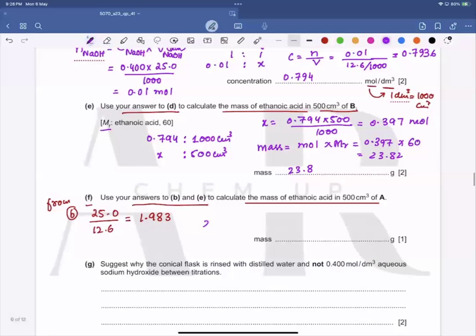So it means the mass also differs by the same ratio. The mass in B is 23.8. So if I divide that 23.8 by this ratio, I am able to get the mass of A in 500 centimeter cube. Can anyone divide it and tell me the answer?